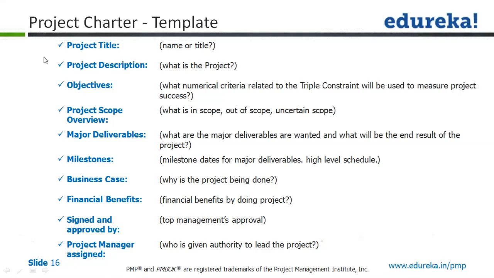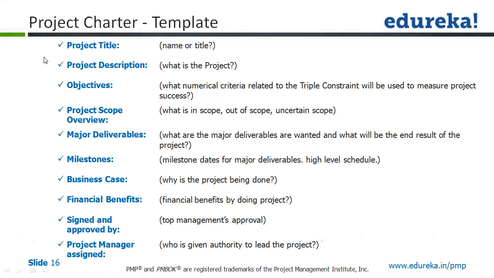So you must know at which stage the project charter is signed, what all it contains, and what are the rights or authority of a project manager once the charter is signed.